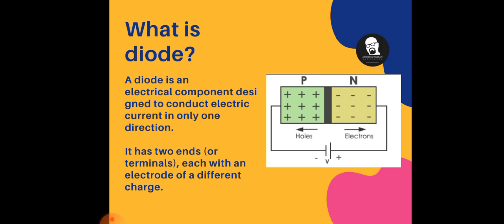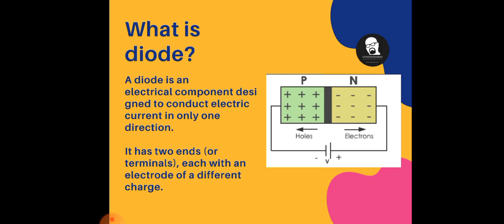So you can see what is the structure of diode. Inside diode there are two semiconductors joined together, p type semiconductor and n type semiconductor. On your screen you can see p and n type semiconductor are connected together, and the supply is given to diode.